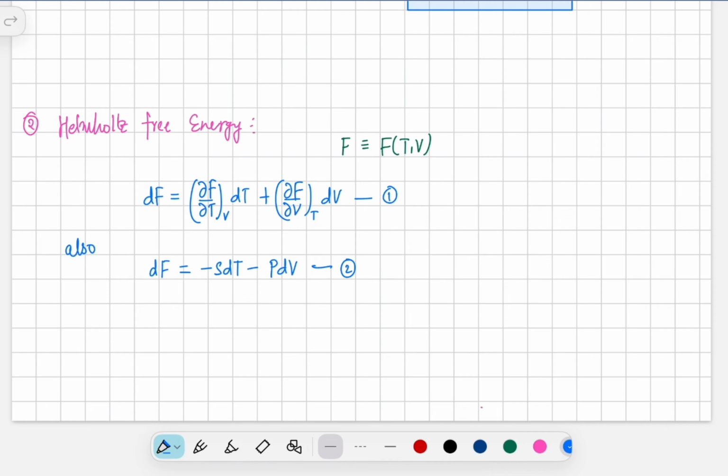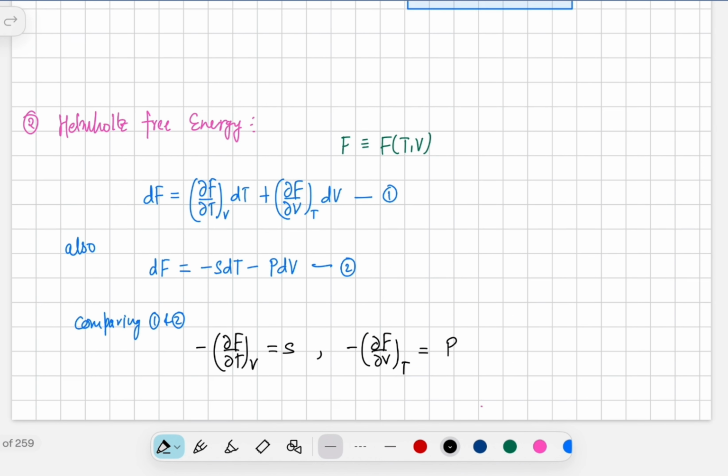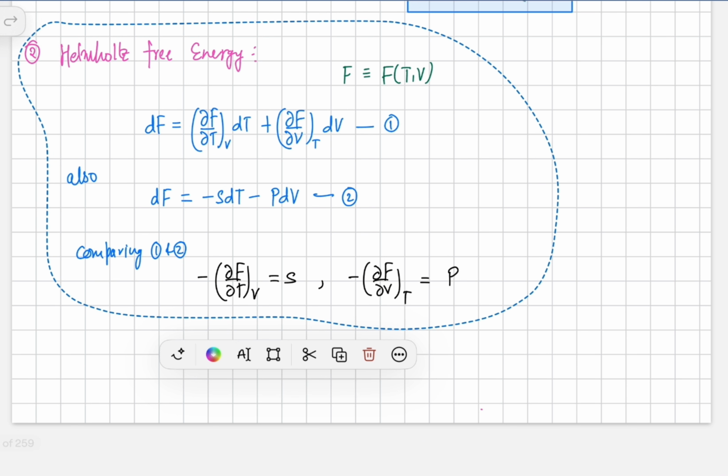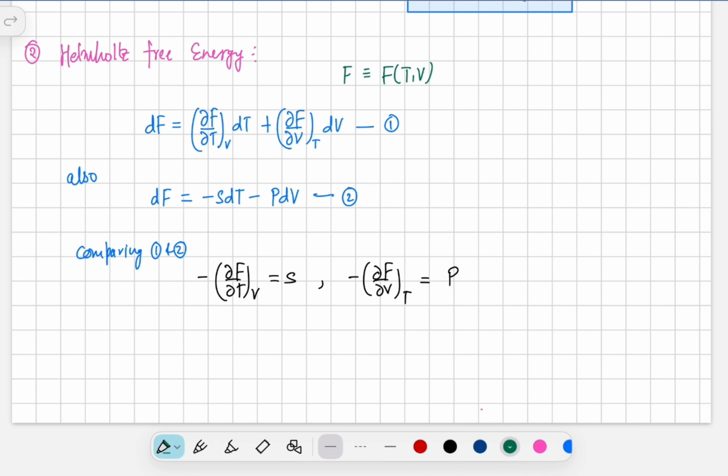So by comparing 1 and 2, this part I did not do above, I will do it now so it is a little clearer: del F by del T at constant V is nothing but minus S, okay, it was minus S so I took the negative sign there, and del F by del V at constant T is nothing but minus P, but the negative sign is here. Now use the property that it is an exact differential.